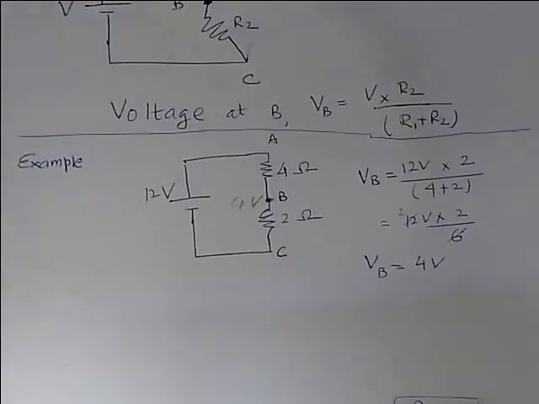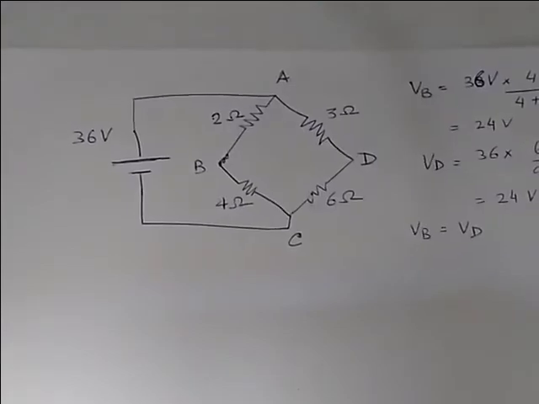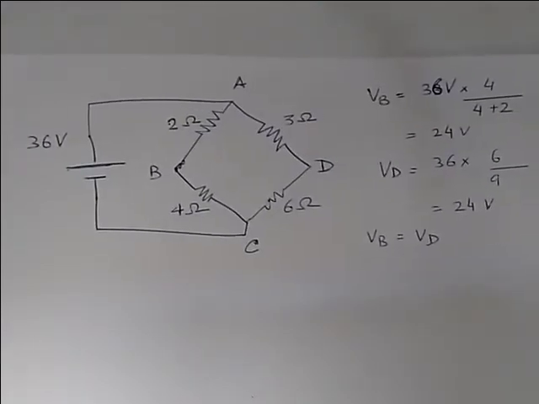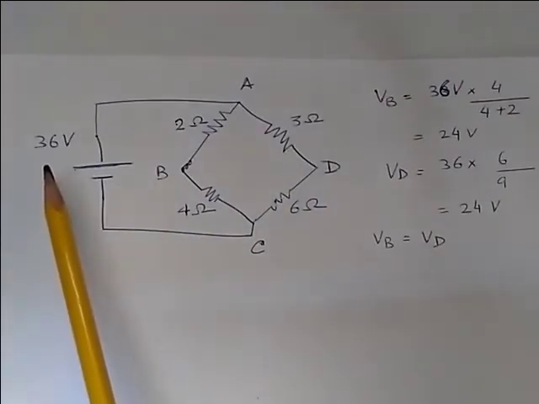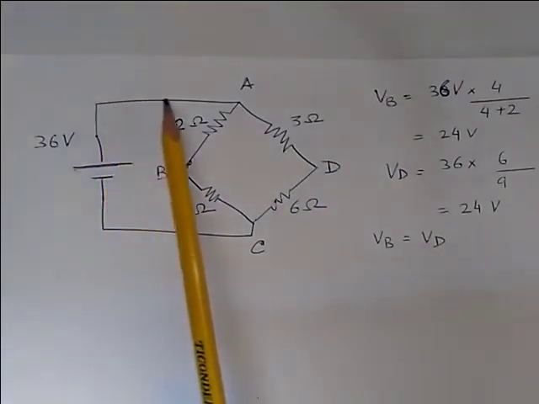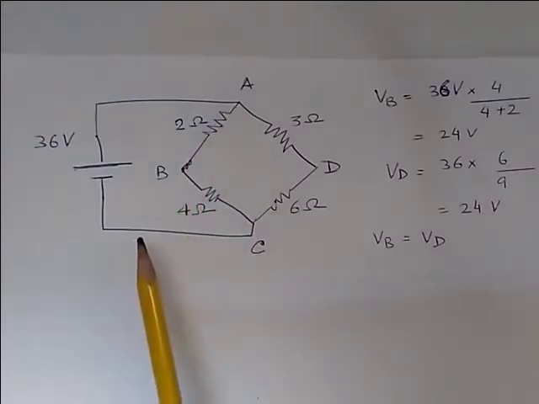Now let's go back to the Wheatstone bridge example with some real values put into this whole Wheatstone bridge. And the focus is again the point B and the point D. With this 36 volt applied, the current starts traveling through this, comes here and goes into this branch and returns to 3.